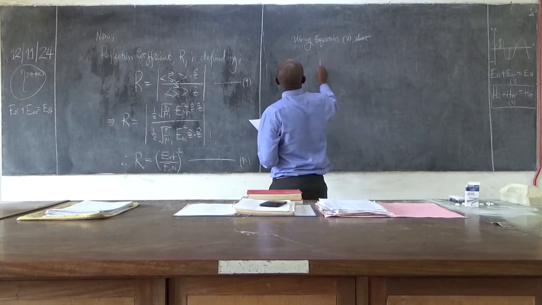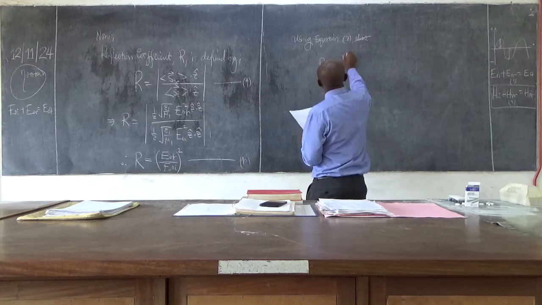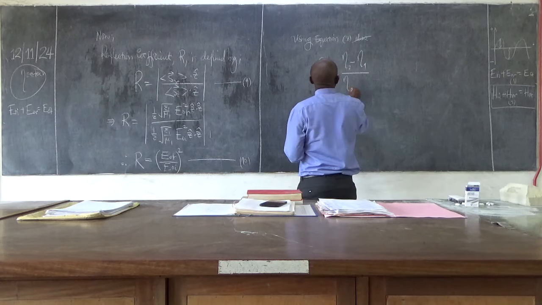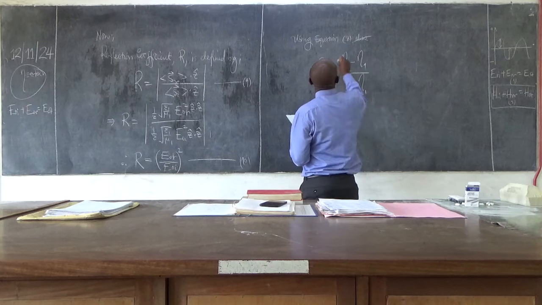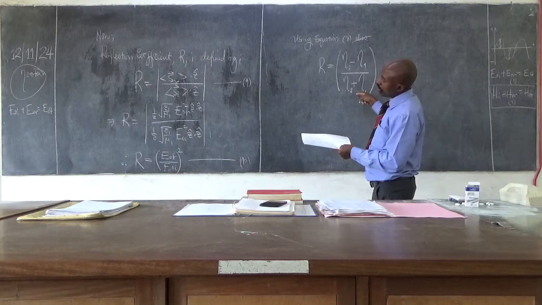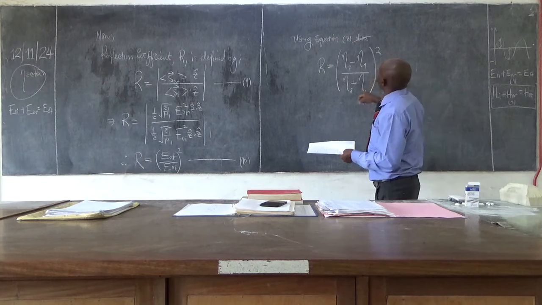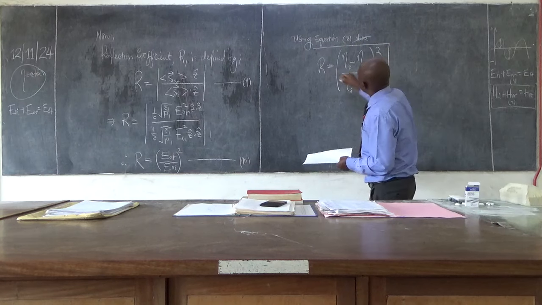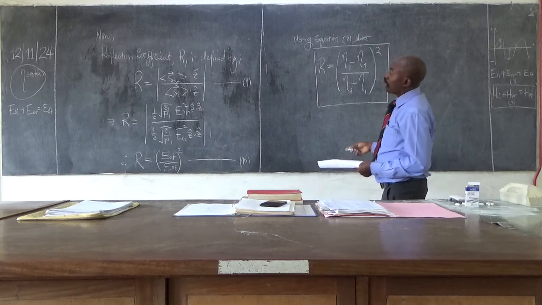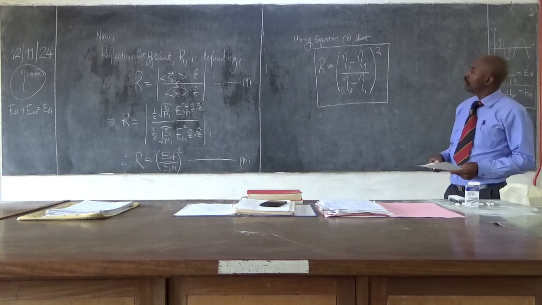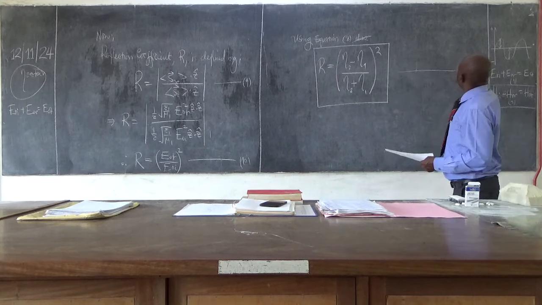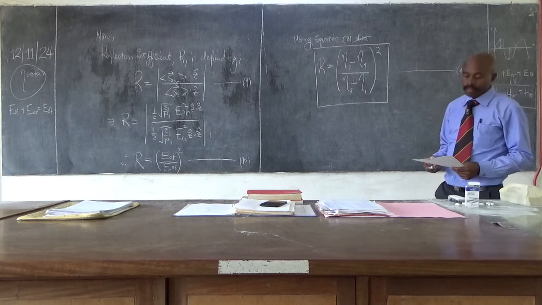Previously, R would be the same as eta 2 minus eta 1 over eta 2 plus eta 1, and then this was our ratio E naught R over E naught I, but it is squared. So if you are asked for the reflection coefficient and you are given all these other things, the epsilon and mu, then you can get the reflection coefficient from this equation 11.